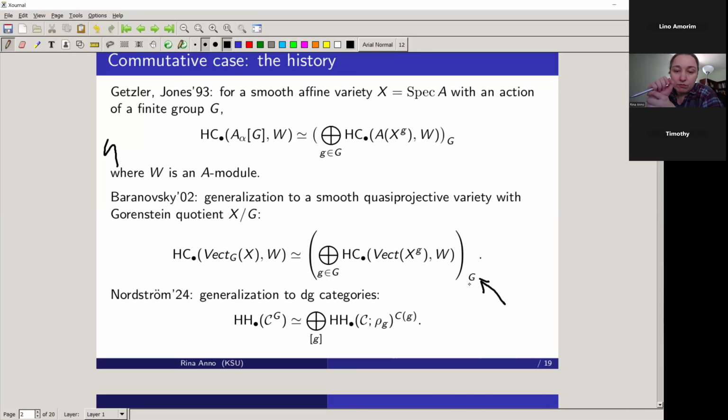So we express orbifold cohomology as a direct sum of ordinary cohomologies of fixed point loci. But in Nordstrom's case, on the right-hand side, you have a Hochschild homology twisted by each element of the group, so the right-hand side is still very much in the realm of orbifold cohomology. The second step, which turns those twisted Hochschild homologies into ordinary Hochschild homologies of fixed point loci, is really the main point of the first two results. So I would say that Nordstrom only generalized the smaller first half of those results by Getzler, Jones, and Baranovsky, not the whole thing.